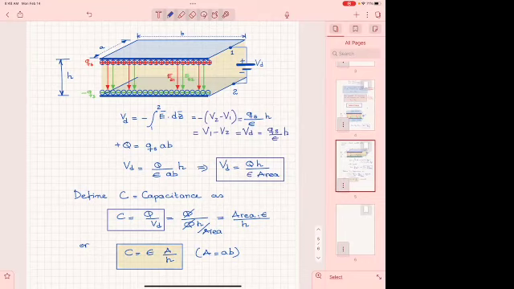All right, so I'm going to assign to you exercise 7, which is called the capacitor.